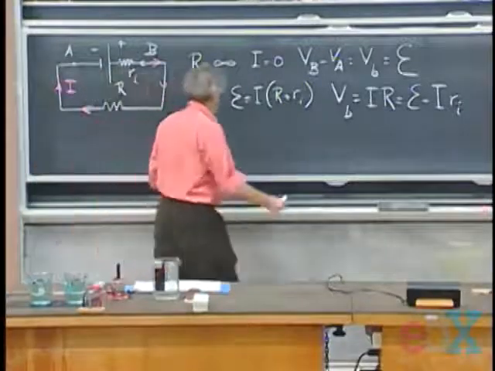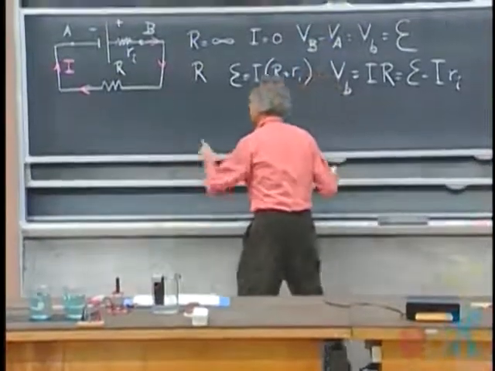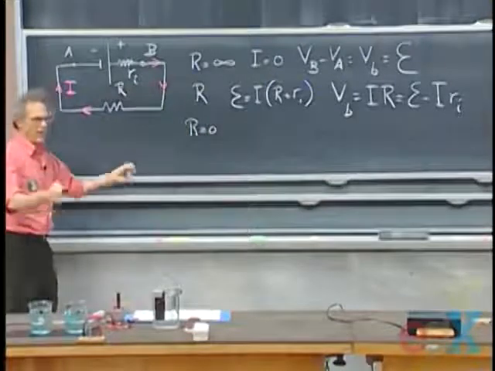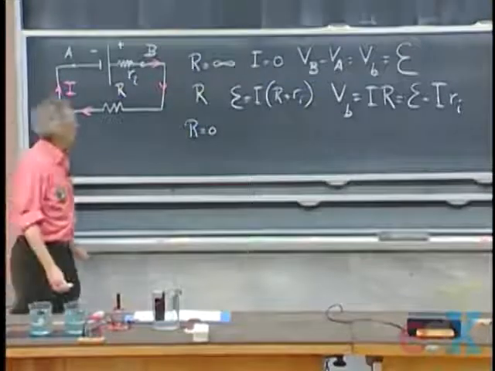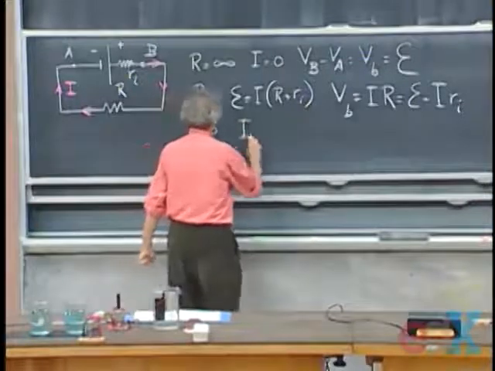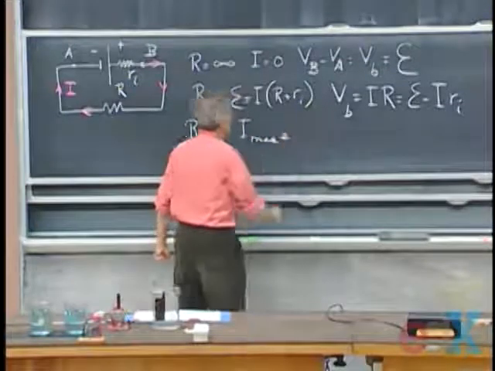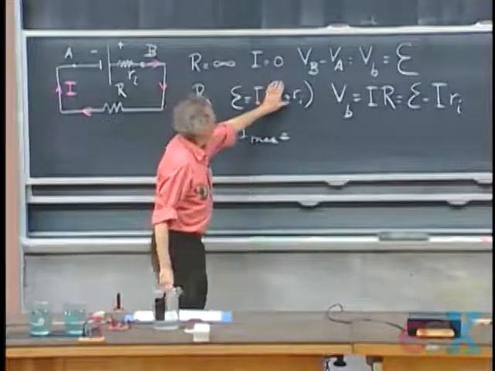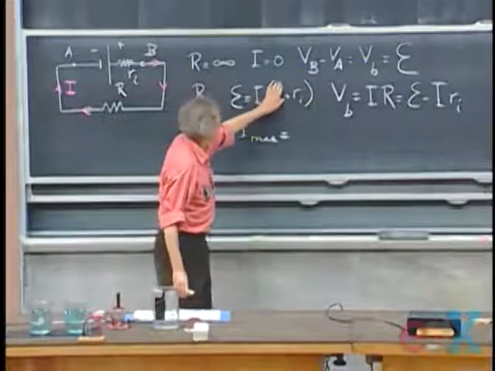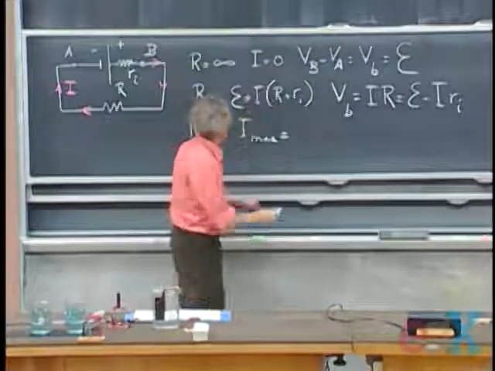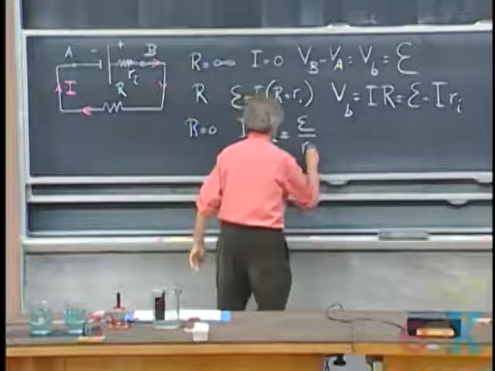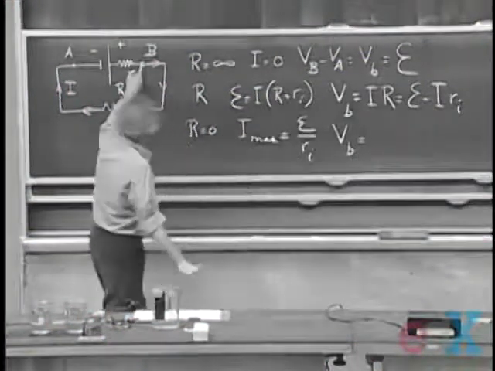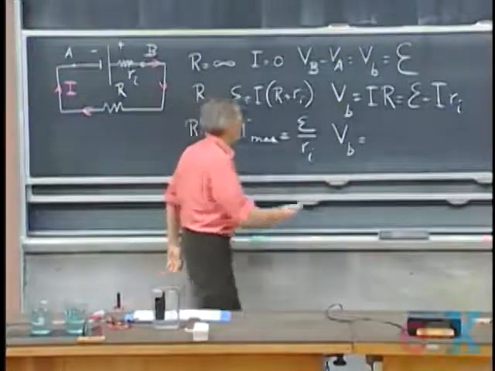If I shorted out this battery, stupid thing to do, but if I make R equals 0, so I take the battery and I just short it out, then the maximum current that I can draw, so R is now 0, so you can see that the maximum I that you can get is E divided by r of I, and V of B, the voltage that you would measure now between point B and A, goes to 0.